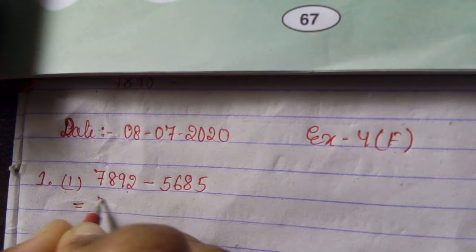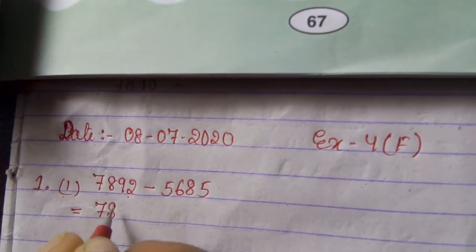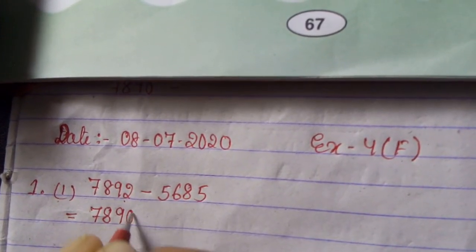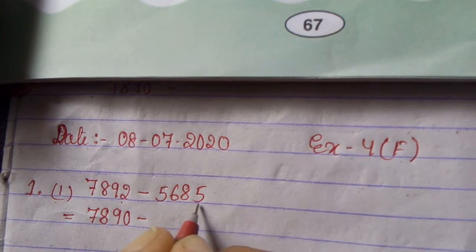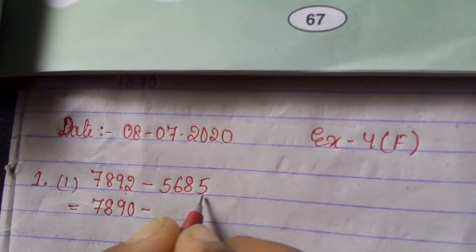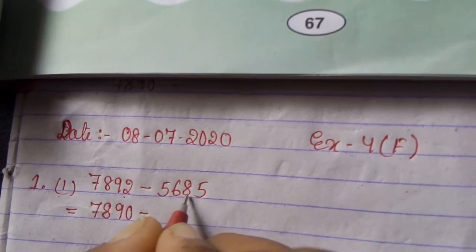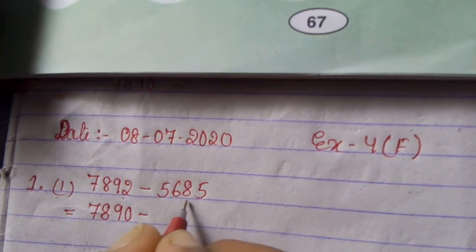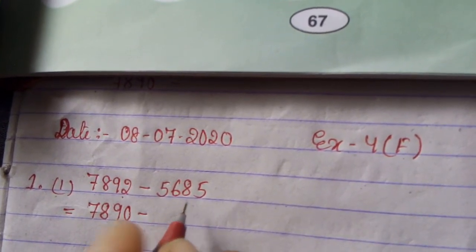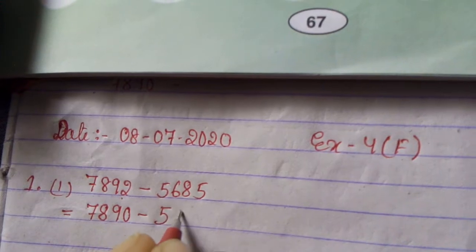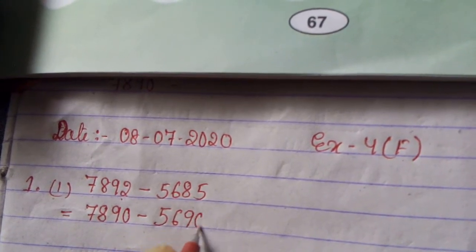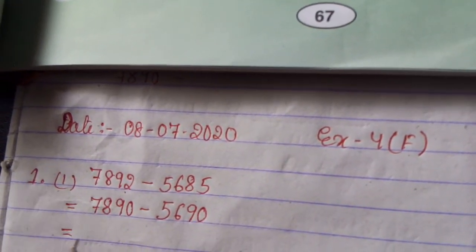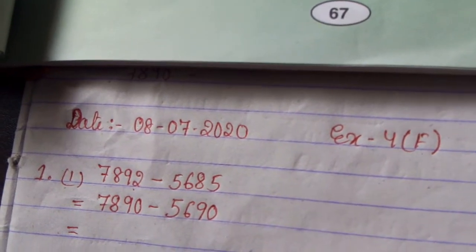So the new number after estimation is 7890. Similarly here we can see at ones place 5 is there. So we have to increase the number which is at tens place, that is 8. 8 will become 9. So here 5690 we will write. Now we have to subtract.